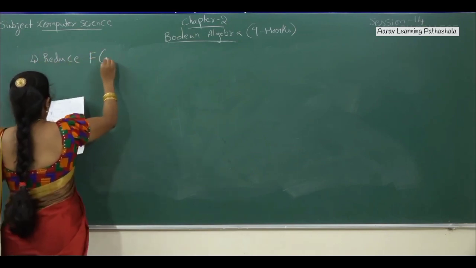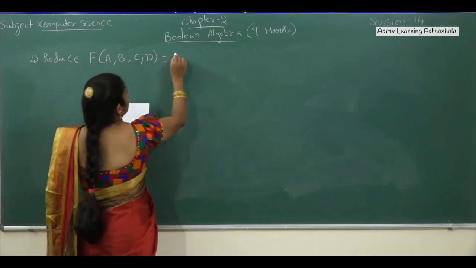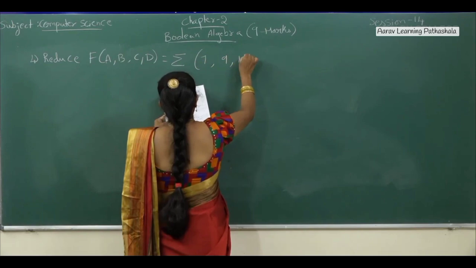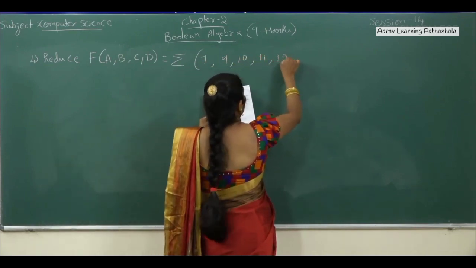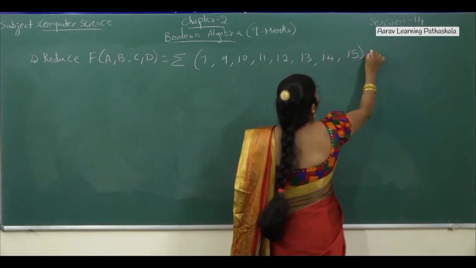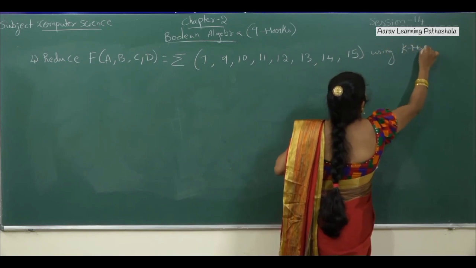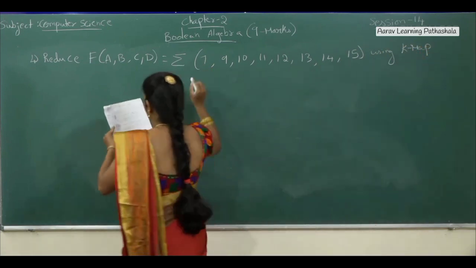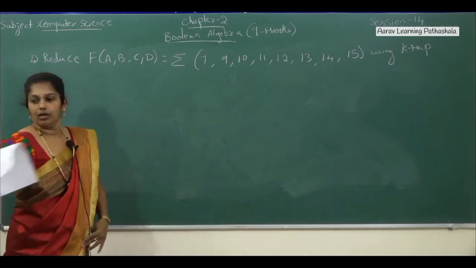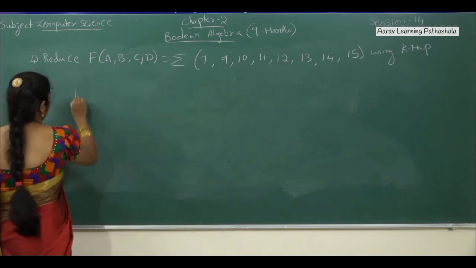Reduce f of ABCD equals sigma of 7, 9, 10, 11, 12, 13, 14, 15 using K-map. Then once again, you have to write the K-map. Okay?